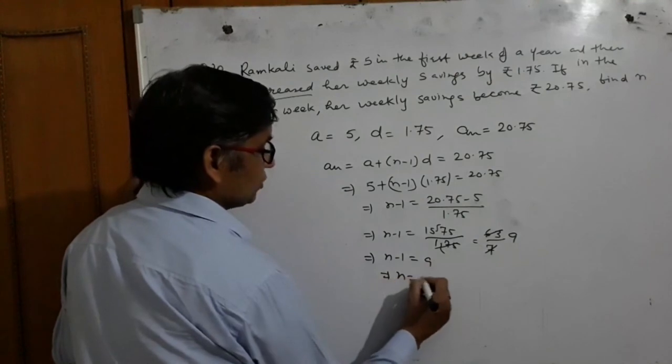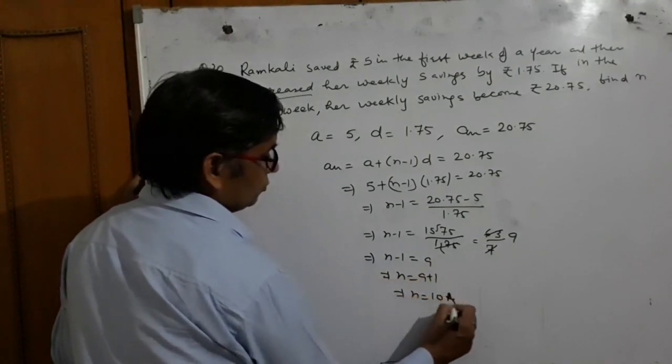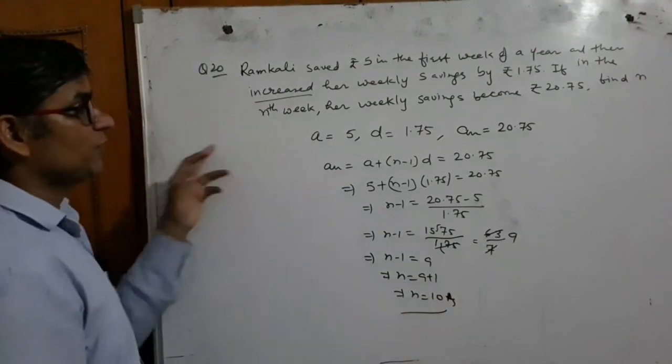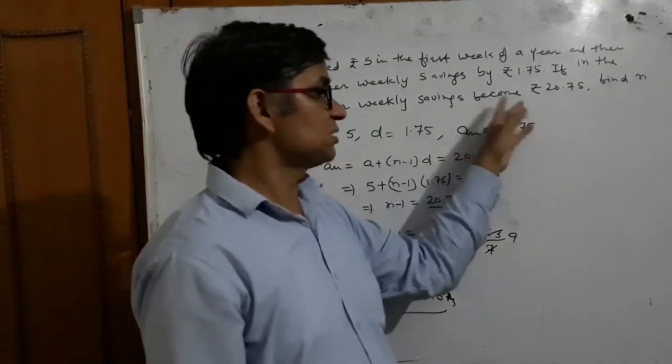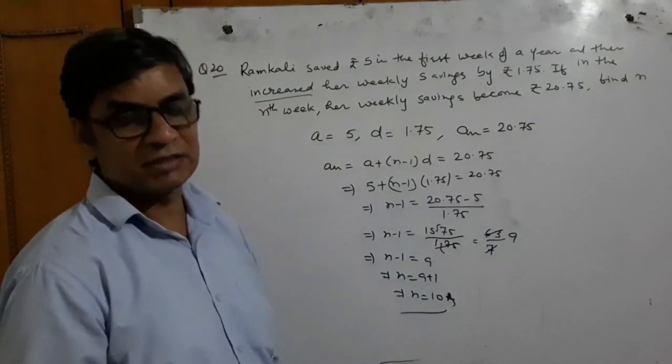So n equals to 9 plus 1, n equals to 10. तो 10th week में इसकी वीकली सेविंग बिकम rupees 20.75.